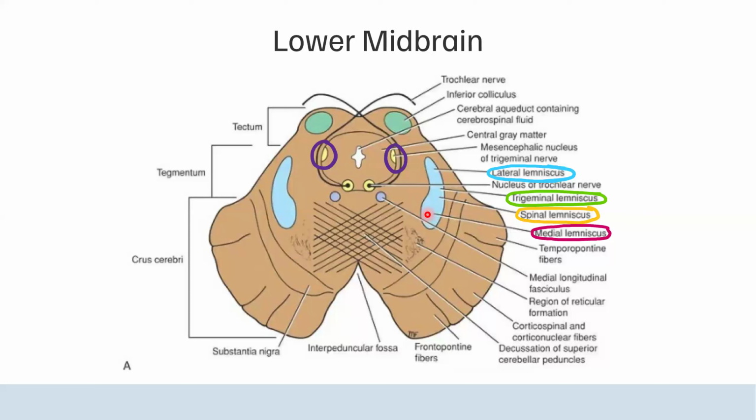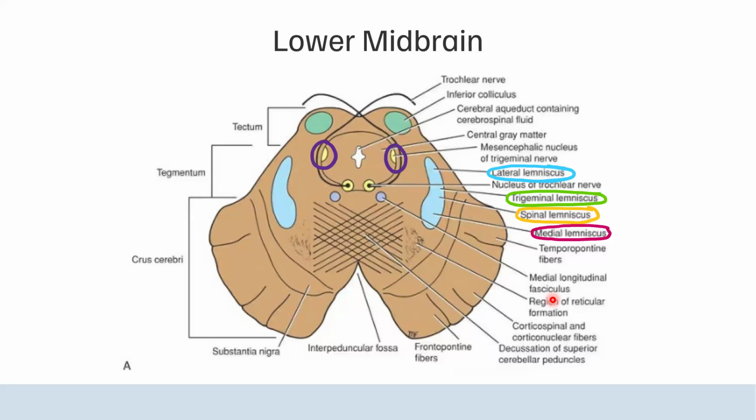So medial lemniscus is going to be closer to my motor fibers. The trigeminal lemniscus is also the mesencephalic portion of our trigeminal nerve. So this is the trigeminal portion. The lateral lemniscus, you guys know this pathway very, very well. The medial lemniscus, you guys know this pathway very well.